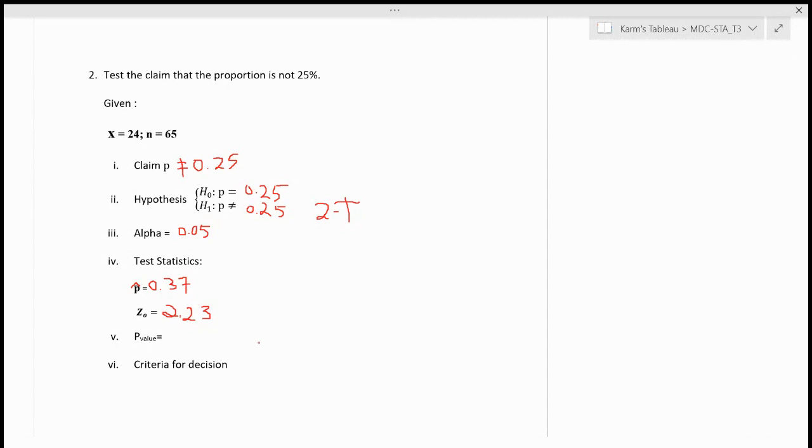Yes, there's a formula for it, to get the p-value. I understand that formula, you would have no issue.